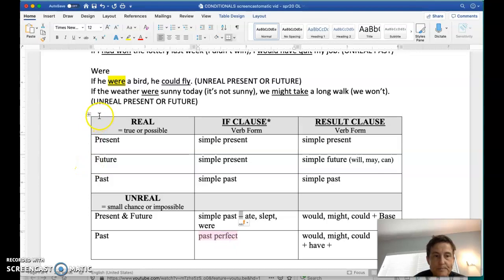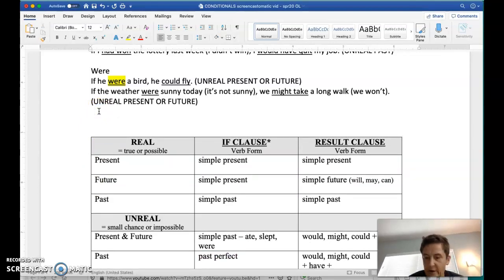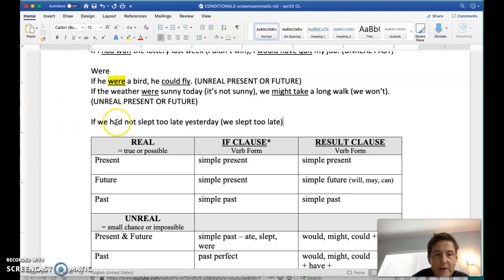So, if we had not slept too late yesterday. The truth is we slept too late. If we had not slept, there's past perfect, right?